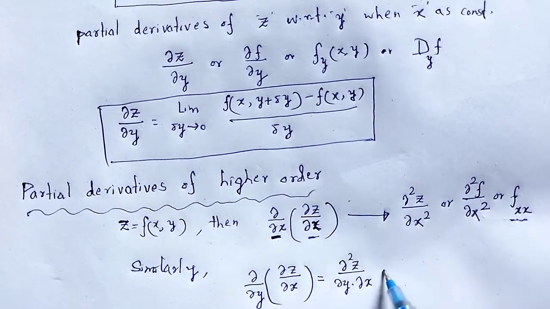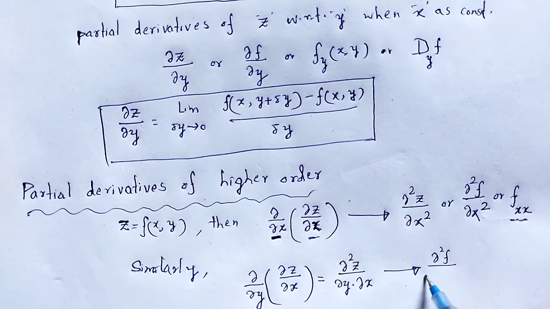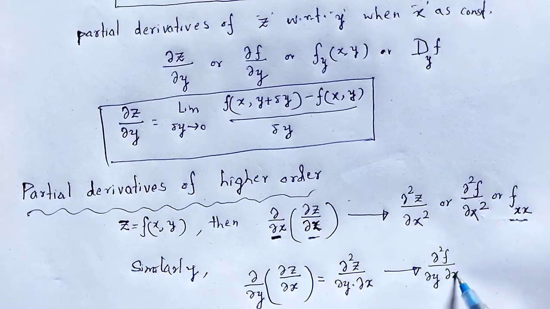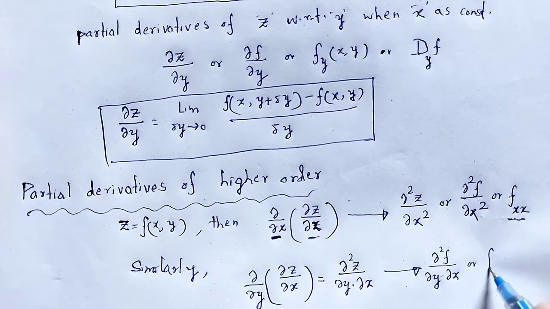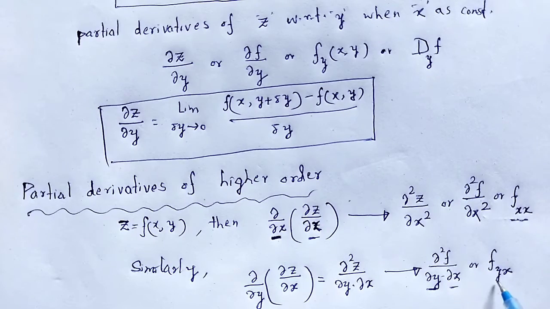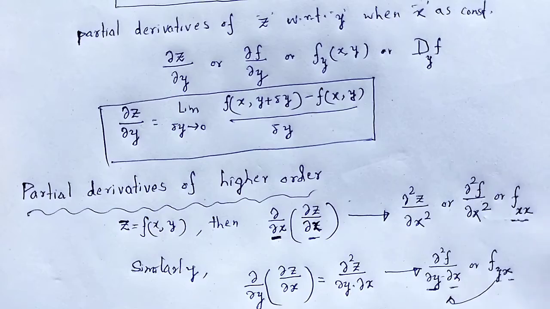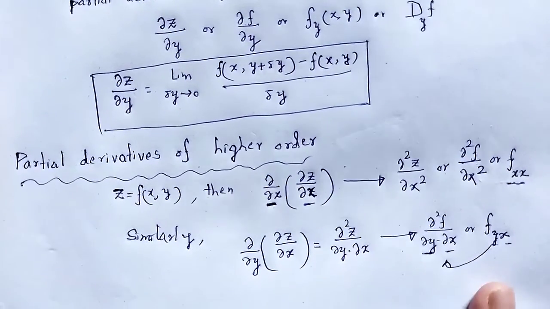This can also be represented as del square f by del y del x or f of yx. That means this is the representation of this partial differentiation of higher order.